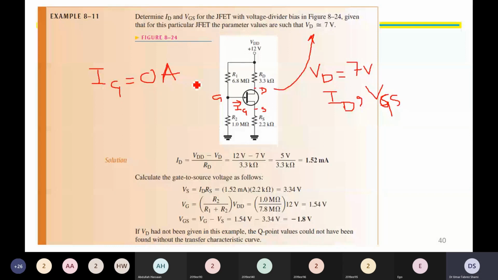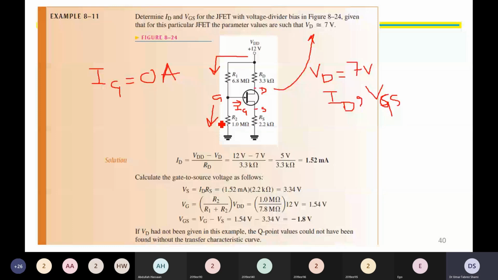If no current flows into the gate, it means that all of the current that flows through R1 also flows through R2. This is a very important conclusion. Since gate current is 0, whatever is the current flowing through R1, the same current will flow through R2.